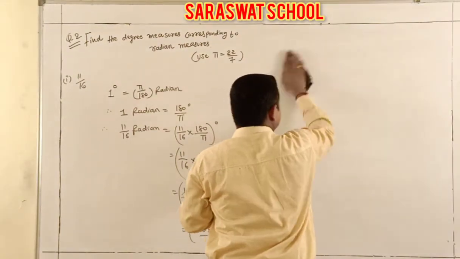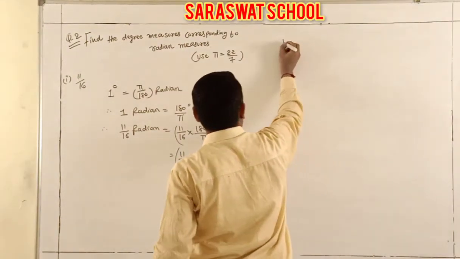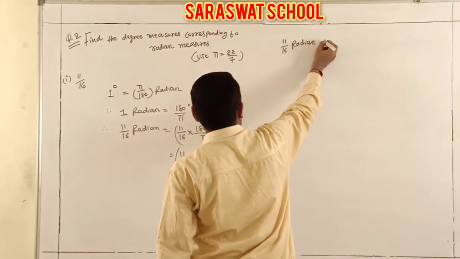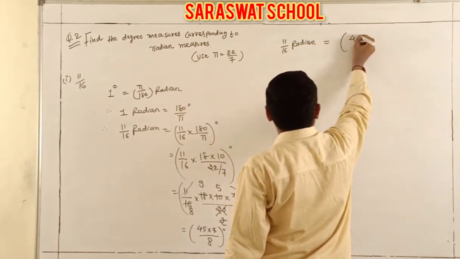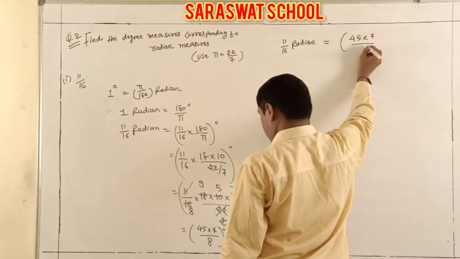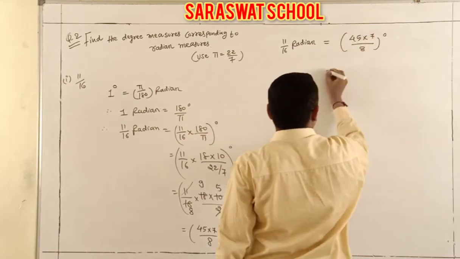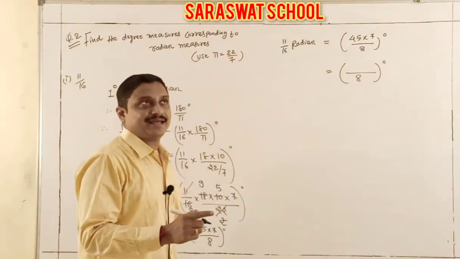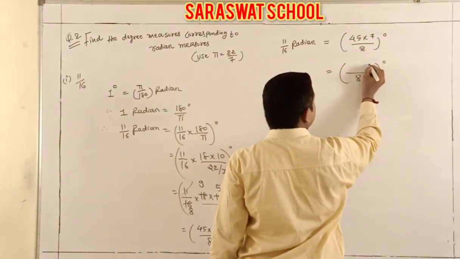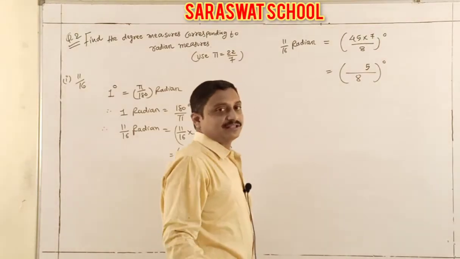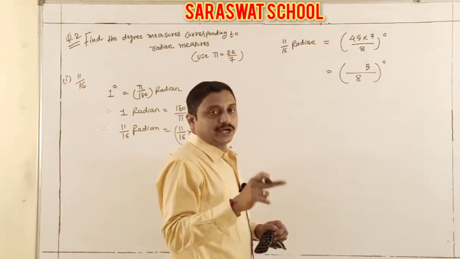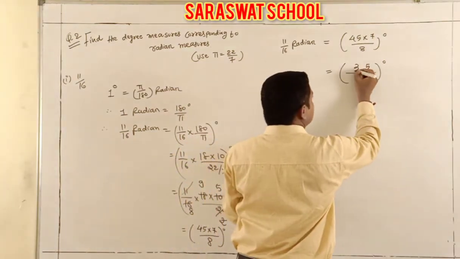So again I write 11 by 16 radian is equal to what you get? 45 into 7 by 8 degree. So now how much, students, 45 into 7? Yes, 7 5s are 35, 3 carry. 7 4s are 28, 29, 30 and 31. 315.